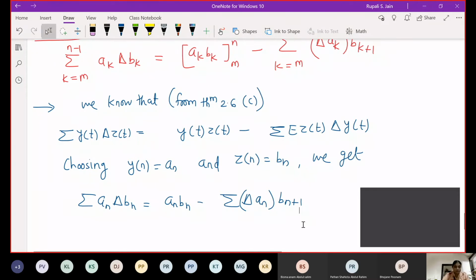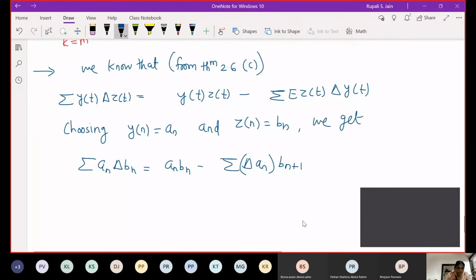Now from equation 2.2, we have the relation between indefinite sum and finite sum.